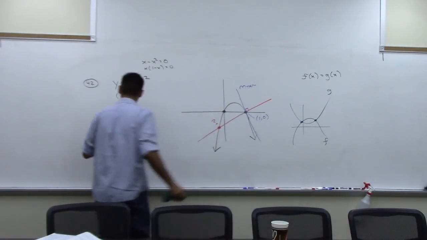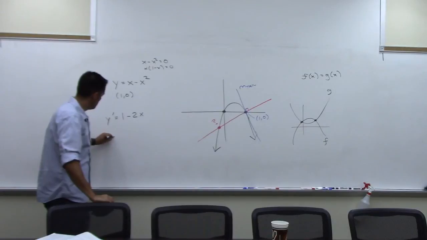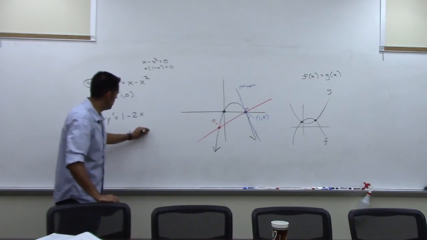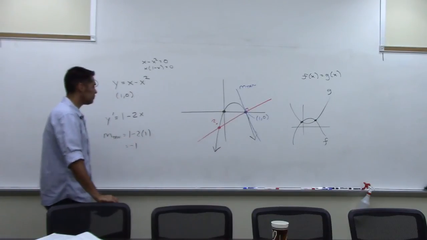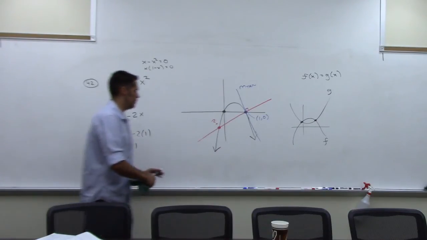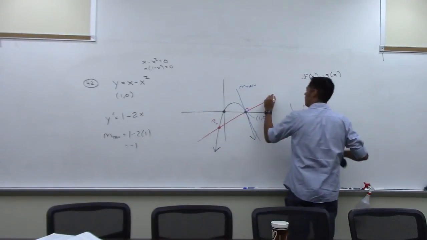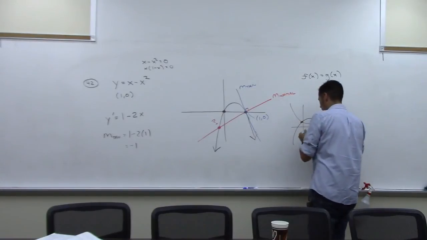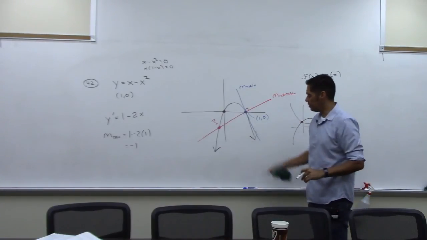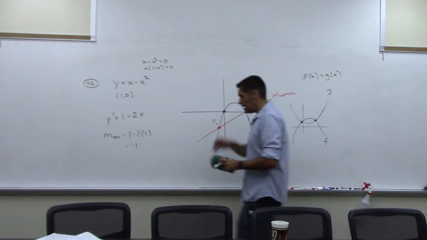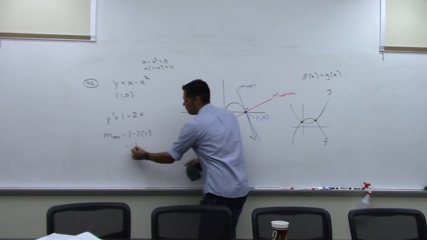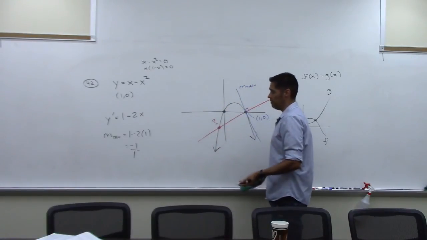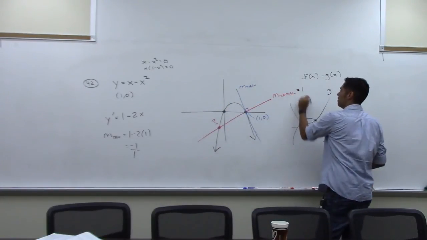So the slope of the tangent line is 1 minus 2 times 1, which is -1. But that's not the slope I want. I want the slope of the normal line, and that's going to be the negative reciprocal of that. I flip it over, which is still -1, but I change the sign, which means +1. So the slope of the normal line is +1.